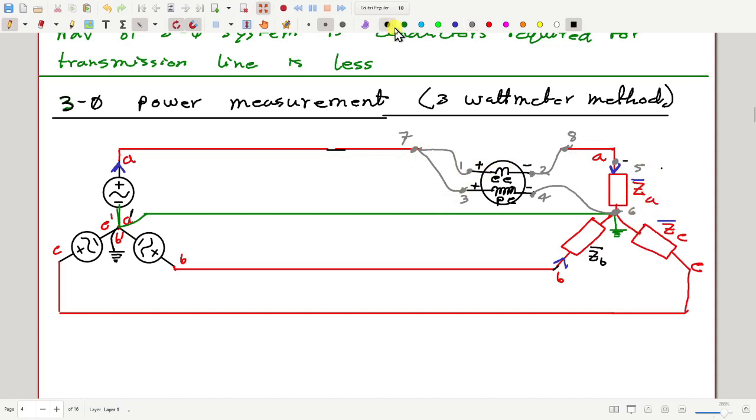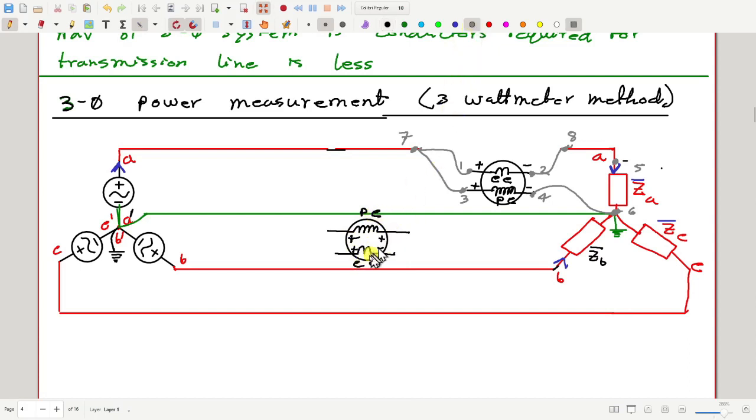Okay, so similarly, now one more wattmeter I am going to connect. Tell me how to do that. Current coil, pressure coil, plus minus, CC, PC.